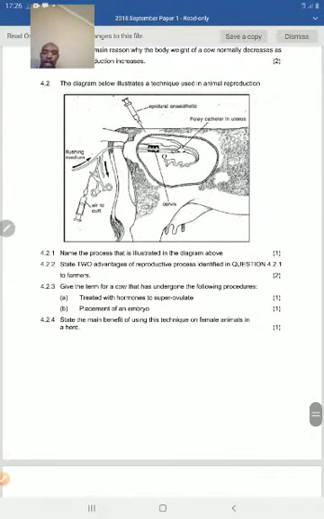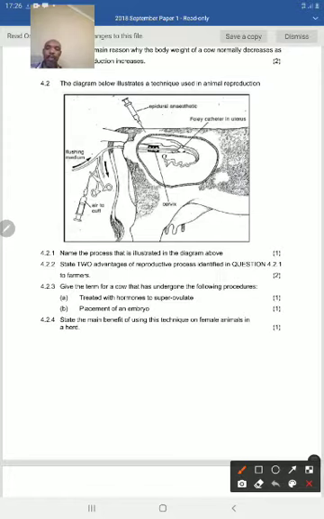The technique here. Name the process that is illustrated in the diagram. Oh, you can see the pistolet, and so it's artificial insemination. Am I right? It's artificial because you see the other hand in the rectum. Oh, okay. No, it's the Foley catheter.